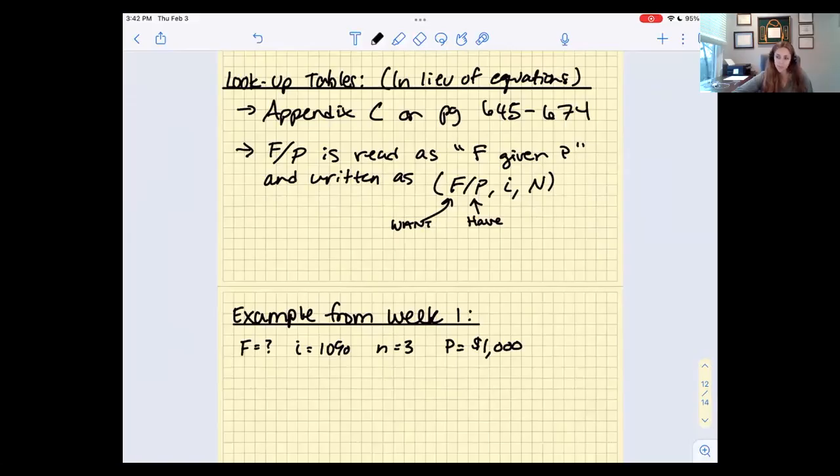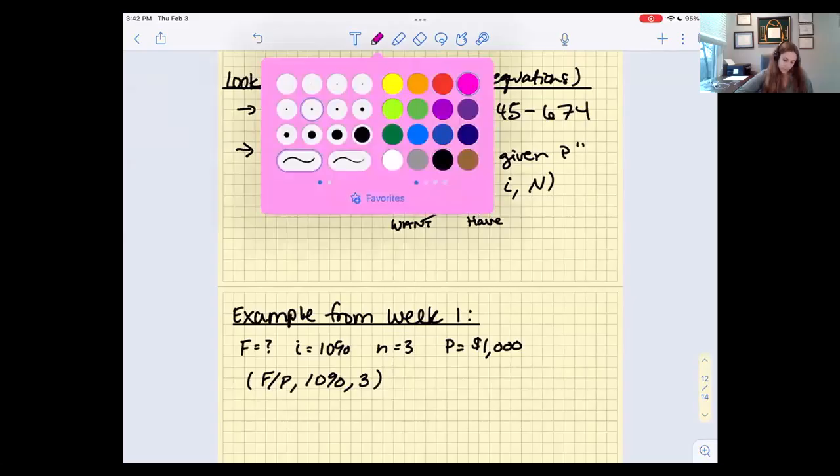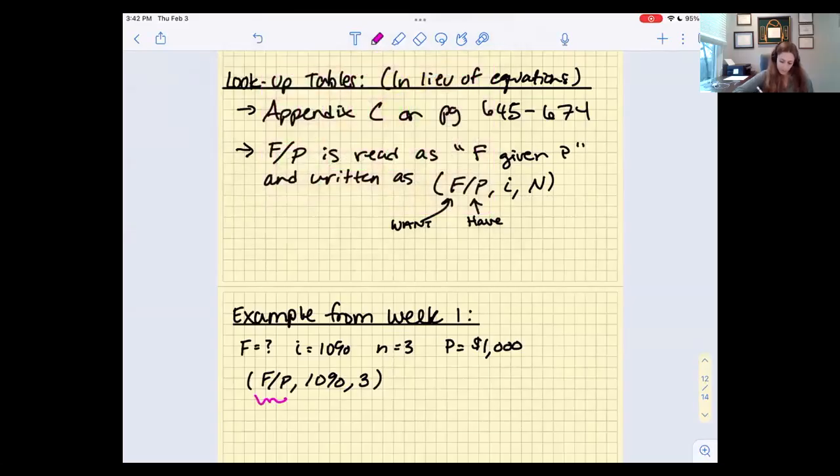So to use the table, you would say, okay, I want F, I'm given P at a 10% interest rate over 3 years. And in the table, to know where to look, basically this represents the column you're looking at, this represents the page you're on, and this represents the row.